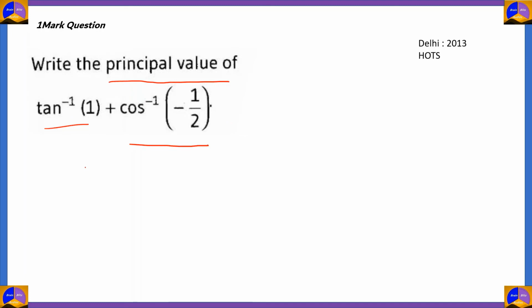So moving on, tan inverse 1. 1 in terms of tan is tan inverse of tan pi by 4, plus cos inverse of, now we know that cos pi by 3 is 1 by 2. So cos of minus pi by 3 would be minus 1 by 2.